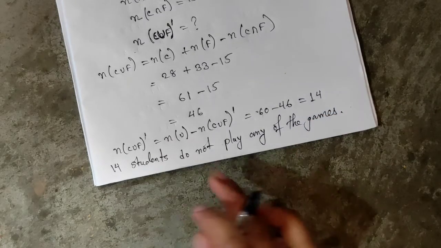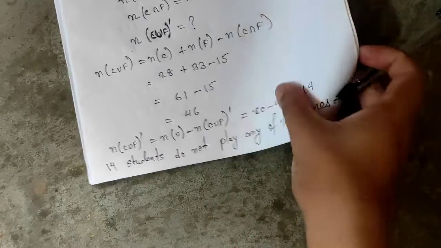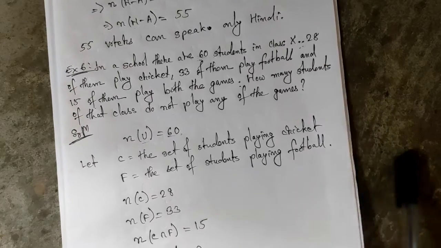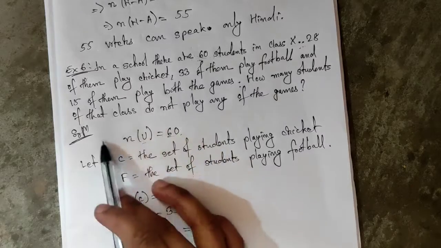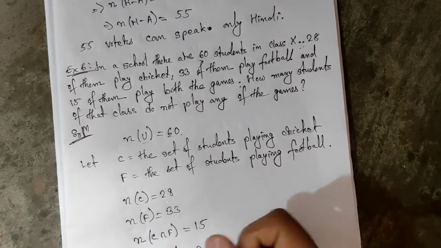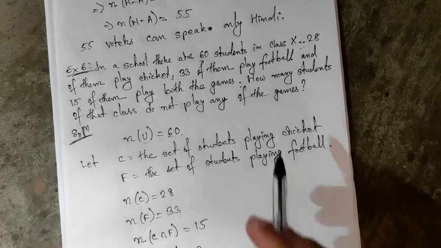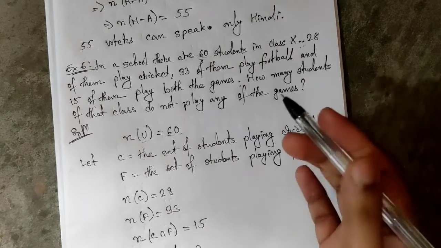Any doubt regarding this? First, we looked at the wordings in the question. Here the total students is given, so n of U is written. Since we need to find how many do not play any of the games, we first find how many play either cricket or football.